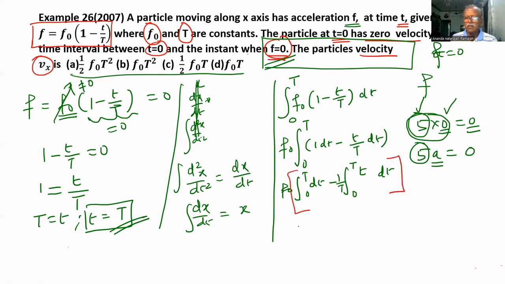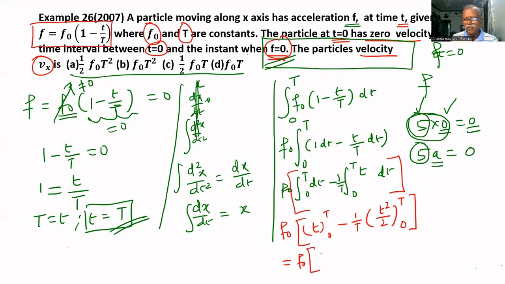So f naught, if we integrate dt it becomes t, with limit 0 to T, minus 1/T times, if we integrate t, t²/2, limit 0 to T. That is f naught times: the upper limit gives T, the lower limit gives 0, minus 1/T times T²/2 from the upper limit, and 0 from the lower limit.